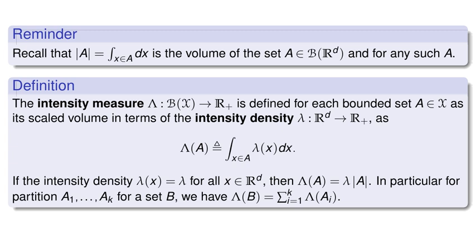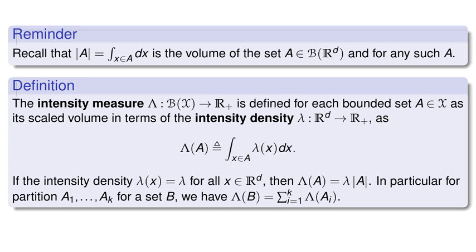Now let's define the intensity measure. The intensity measure lambda, which maps from script B of script X to the non-negative reals R plus, is defined for each bounded set A in script X. It's given by its scaled volume in terms of an intensity density function lambda, which maps from R to the d to R plus. Specifically, lambda of A is the integral over x in A of lambda of x dx.